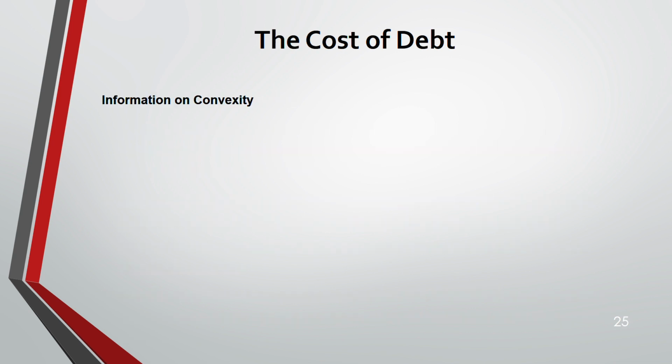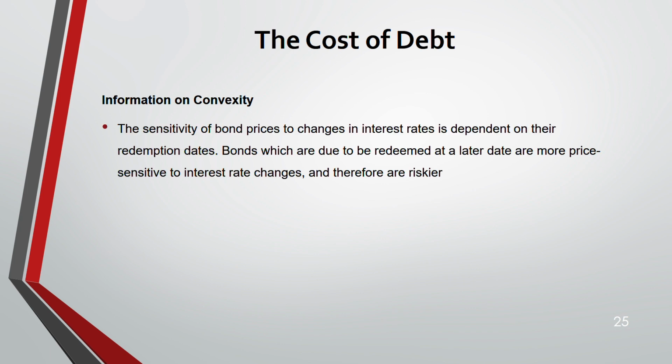Now, let us go in depth into what this convexity is, so that you understand. Whether the bond price will be sensitive to the change in interest rate depends on the redemption date. Are they going to redeem early or later? Because when bonds are redeemed over a long period of time, they are more price sensitive to interest rate.